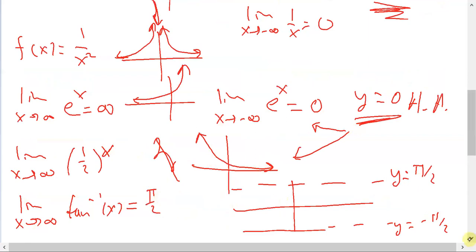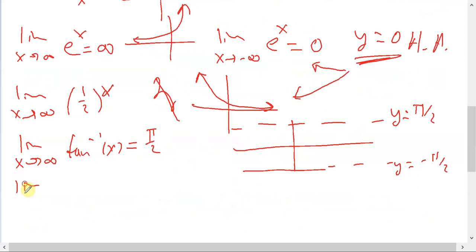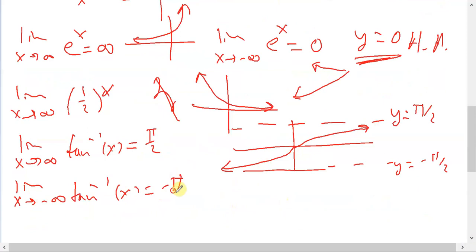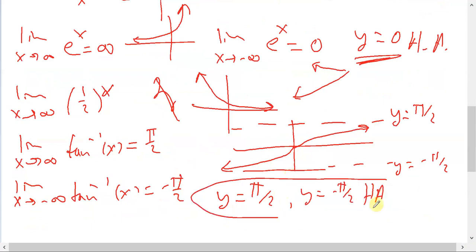And if I'm going to minus infinity of tangent inverse, it's going to get closer and closer to minus pi over 2. So this one has two asymptotes, y equals pi over 2 and y equals minus pi over 2. Those are both horizontal asymptotes.